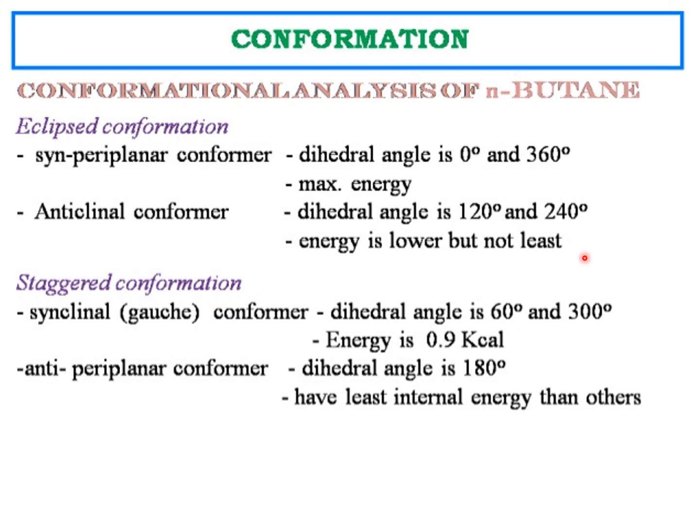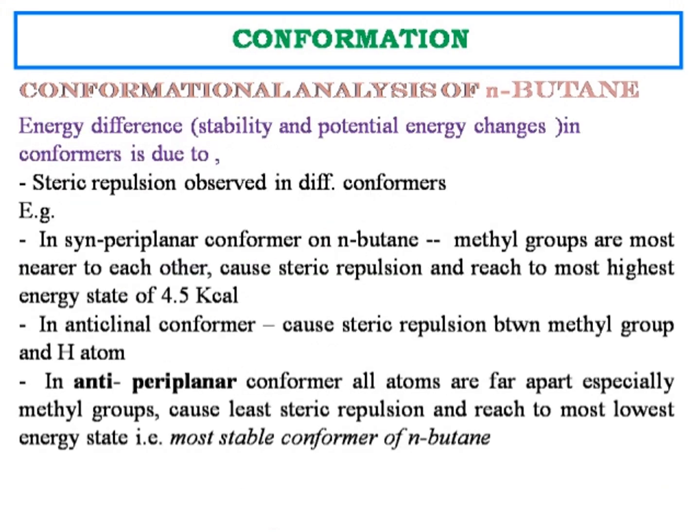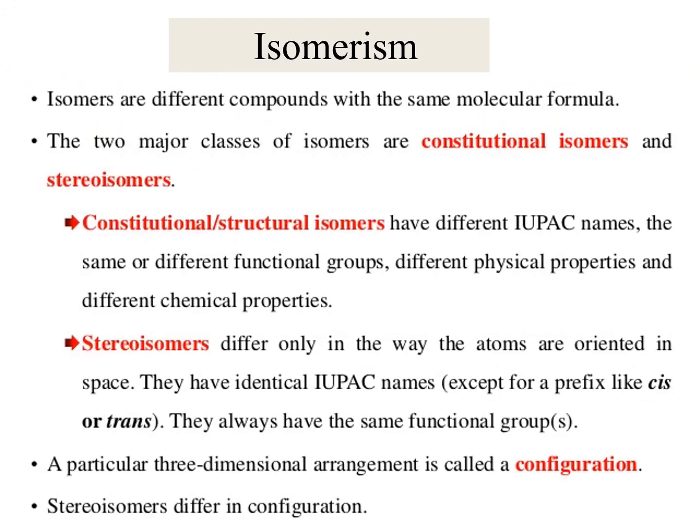If they are away by 60 degrees, then it is staggered. Staggered conformation is always stable when compared to eclipsed. So here you have different types of eclipsed and staggered listed over here, based on the stability or the energy difference. So here the anti form is the most stable form of n-butane when compared to the other isomers.